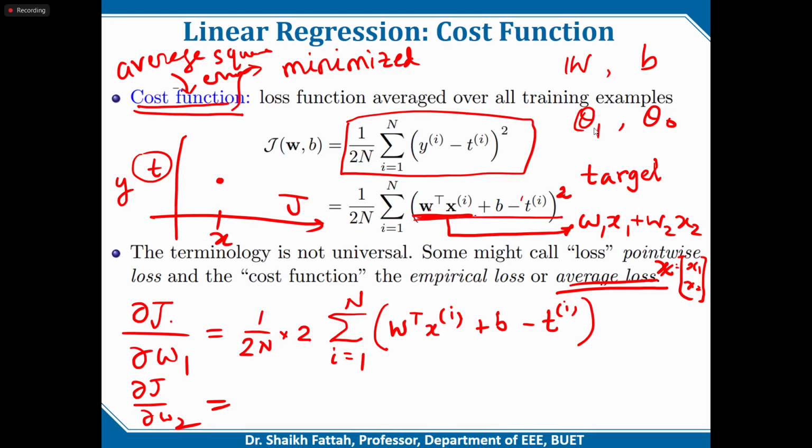Only here you can see there is a w1. So if you differentiate with respect to w1, this term will provide only x1, because w2 does not depend on w1, so that becomes 0. So only x1 will remain.